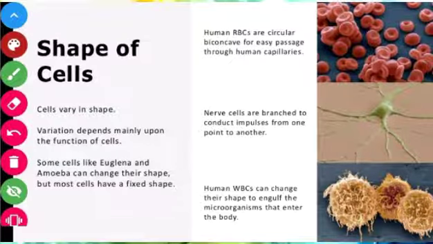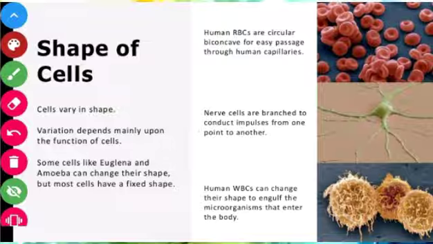The shape of the cells varies based on their function. Cells vary in shape because the variation depends mainly upon the function of the cell, how it functions. For example, let us take Euglena and Amoeba.